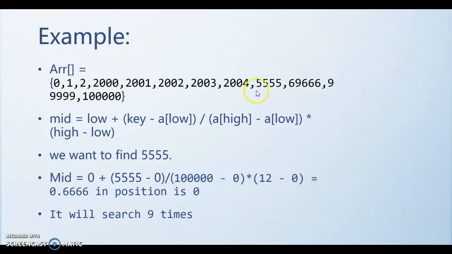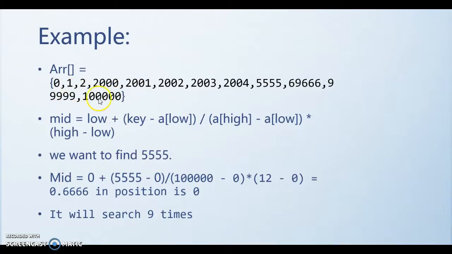Like if we still want to find 5,555, we should better search this array from 2004. In this array, 2004 is near the binary search middle. So that is better. We use binary search to find the number in this array.